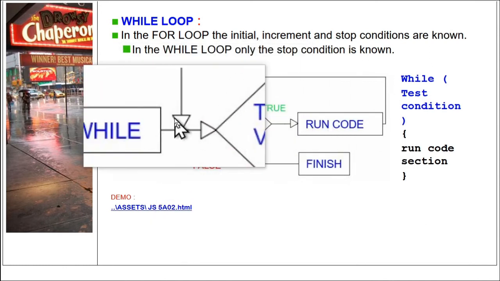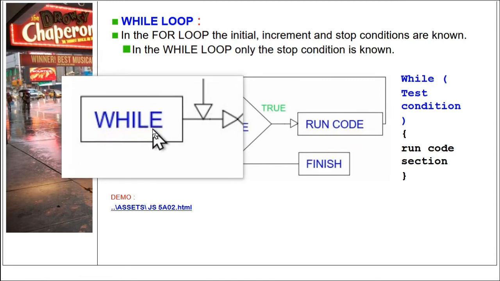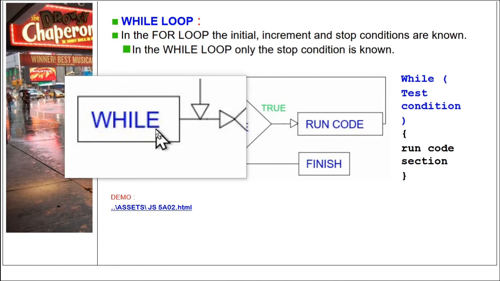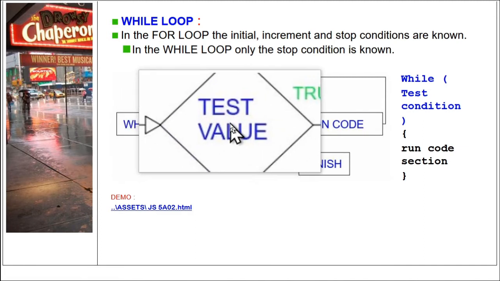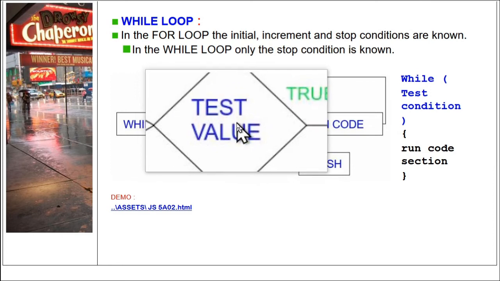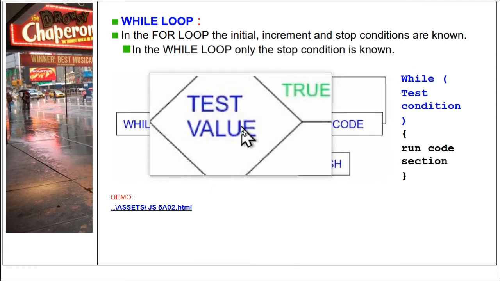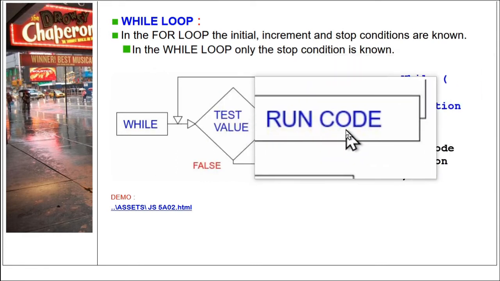The other thing you have to remember is that when you start your while loop, the value of x has already been set. The while loop starts here and tests the value, and here the value of x has already been set to 1. You didn't do it in the while loop, you didn't do it in the test values section, and you didn't do it in the run code.